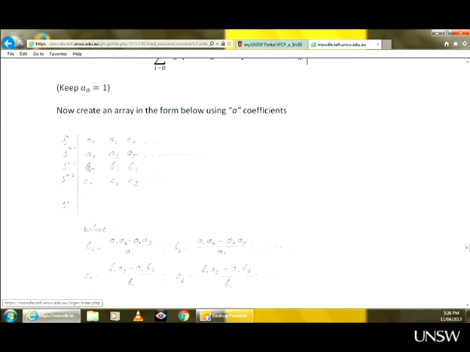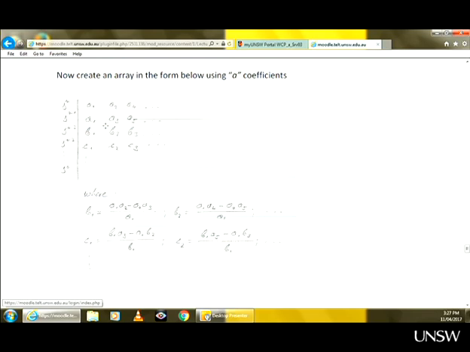B2, you have the product between A1 and A4, minus A0 and A5, again divided by A1, and so on and so forth. Now, C1, you multiply these two minus these two divided by B1, and so on.